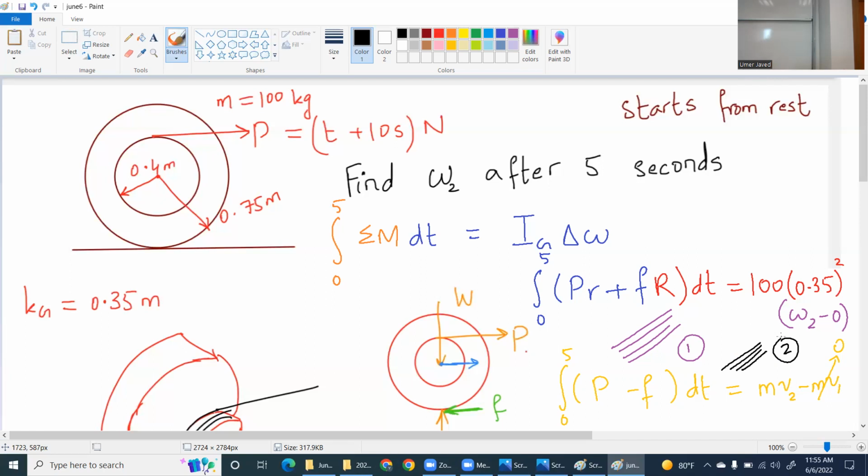For the integration, total moment times dt, when we put in the values. So PR, I understand that inwards through the page is positive. So clockwise is positive.